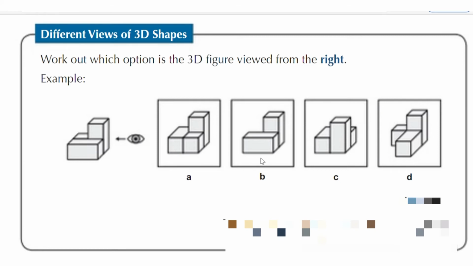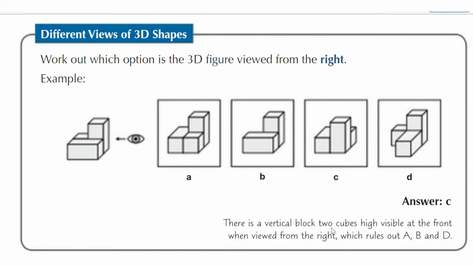Looking at this, I have a tall one. So this tall one should be in front actually when you're looking at it from here. And so not A, not B, not D, but it is C. There is a vertical block 2 cubes high visible at the front when viewed from the right, which rules out A.